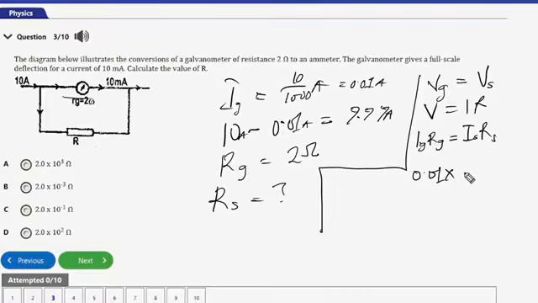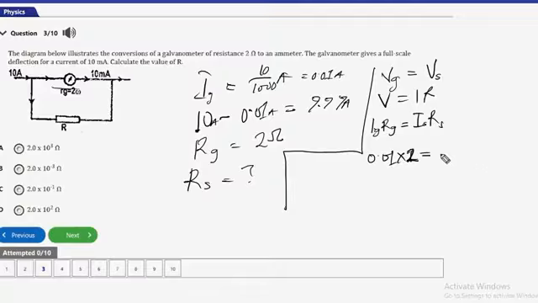So this is 0.01 times 2, equal to I in the shunt, which we just calculated as 10 amps minus 0.01, that's 9.99 amps, times RS, the resistance of the shunt.